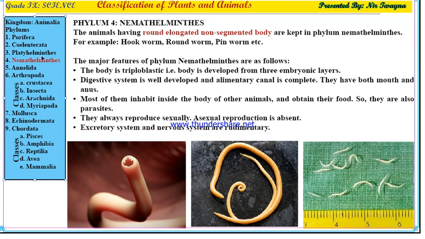Up to Platyhelminthes, asexual reproduction is present, but from Nemathelminthes onward, asexual reproduction is absent, because you see their body is differentiated into organ level, not only tissue level but organ level. So organs present in one part cannot be replaced by organs present in another part.